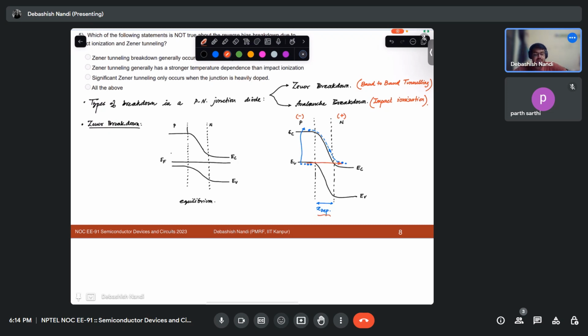X depletion. Okay, this kind of tunneling is called band to band tunneling. Okay, when will this be more?